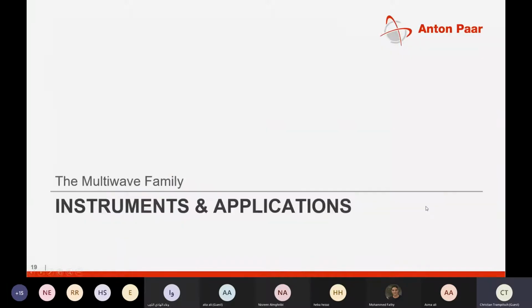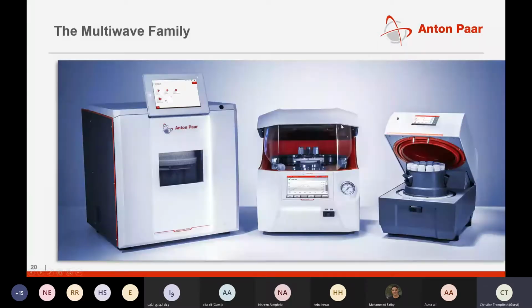So far for the theory. Let's have a look at the Multiwave family, our three instruments, and also some related applications. From the left side to the right side, we start with the Multiwave 5000, which is a, let's say, laboratory microwave system, which can cover various applications.